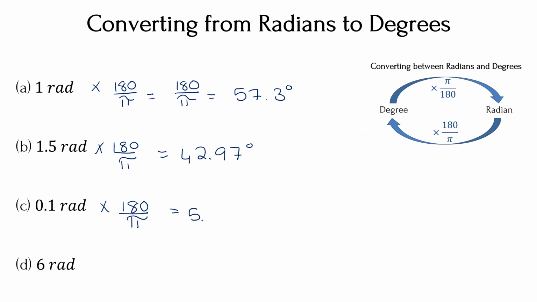That's giving us 5.73 degrees. And our last one is 6 radians. So we're going to do 6 by 180 and divide that by pi. We get 343.77 degrees.